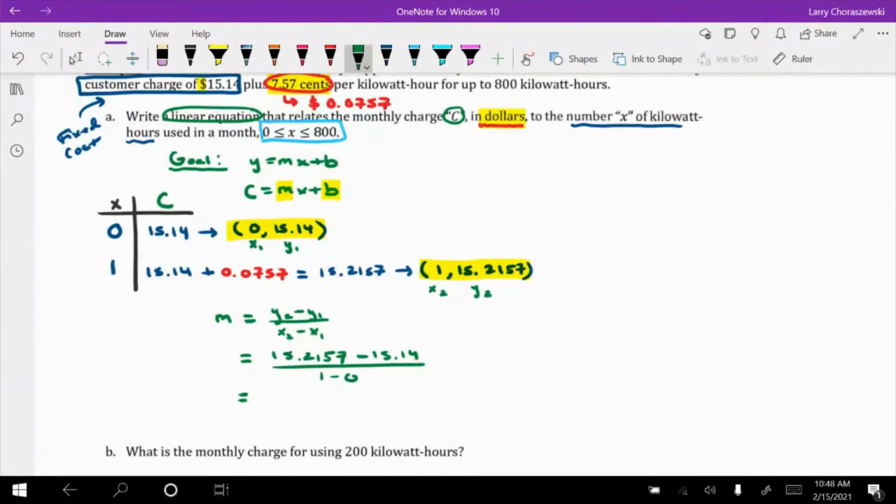I'll give you a second to punch that into the calculator if you want. Once you think you have the value of the slope, go ahead and type it in. Precisely. I'm getting 0.0757.